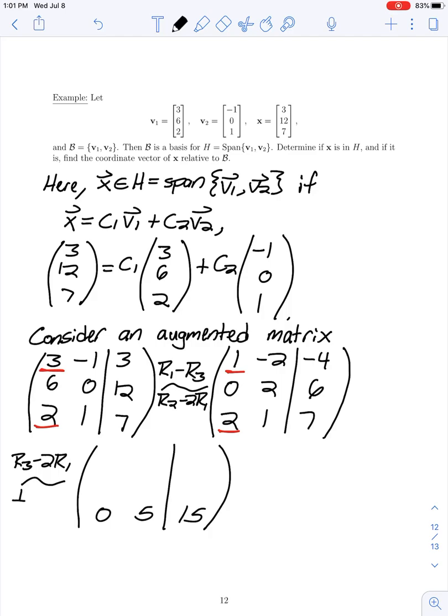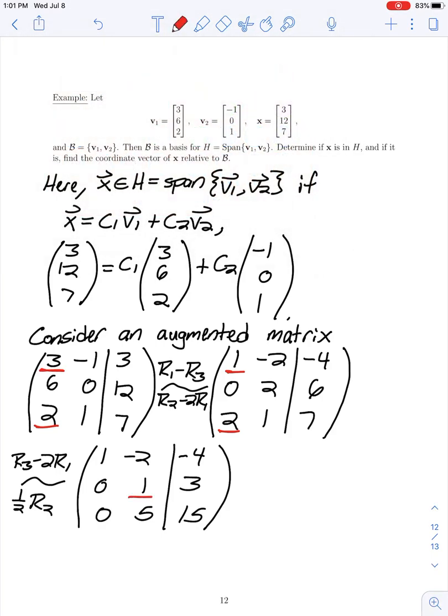In our second row, I could multiply through by 1/2, which would give me 0, 1, 3. And my first row I'm going to leave alone, 1, negative 2, negative 4.